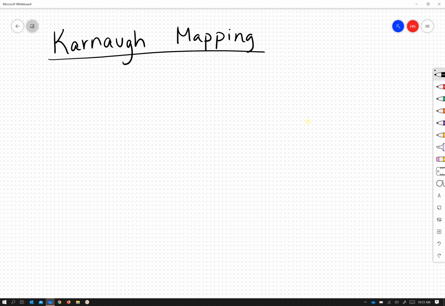Let's begin by doing a quick recap of Boolean algebra. So if we had a problem with a very simple truth table that had the following outputs for the input combinations.